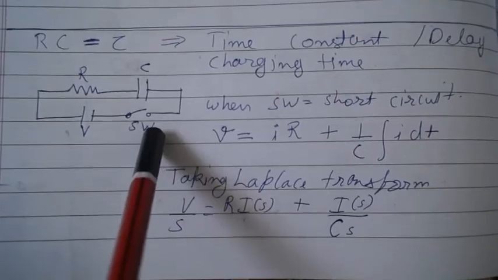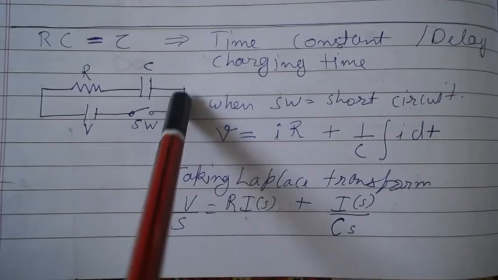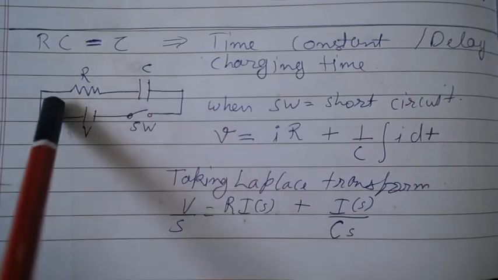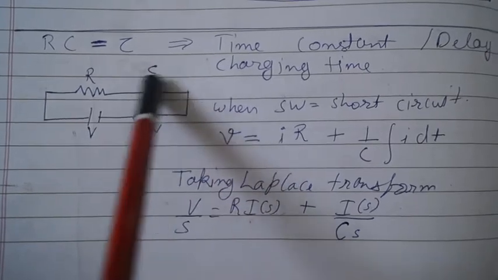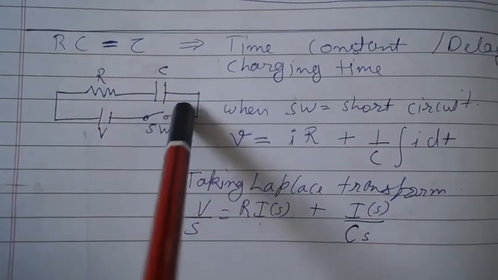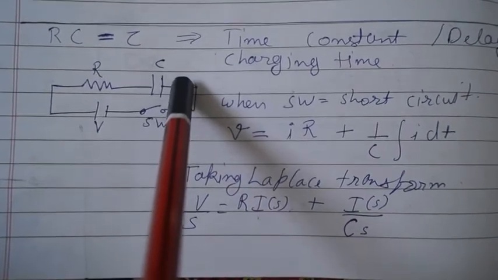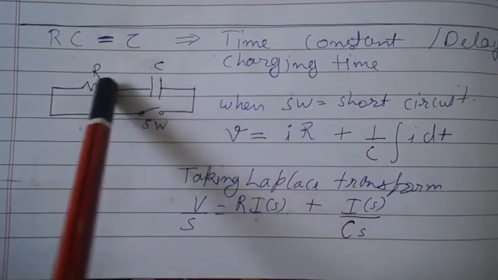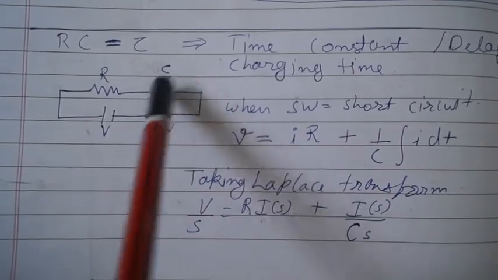When we close the switch, the electrons flow from the negative side to the positive side and a current is produced in the circuit. This current, known as the charging current, will flow and develop a voltage across the capacitor.